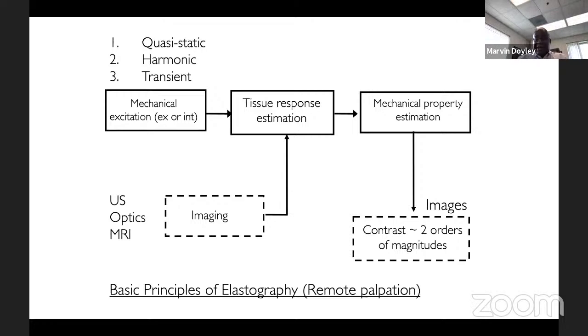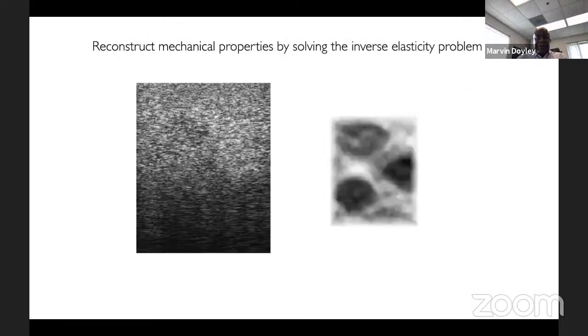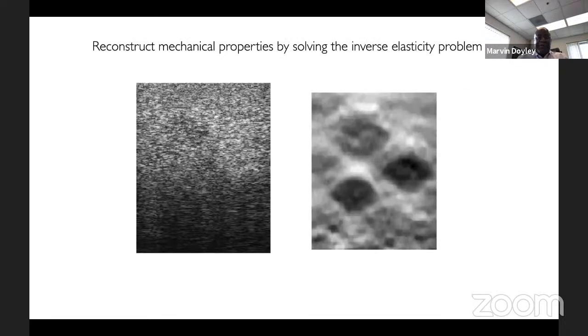All right. Now, I'm going to go back to the problem from before. If you remember, we had the three inclusions. You couldn't see them in the ultrasound image, and then with the strain elastogram, you could clearly see the three inclusions, and you also have some kind of artifact there. Well, we can solve the inverse problem.